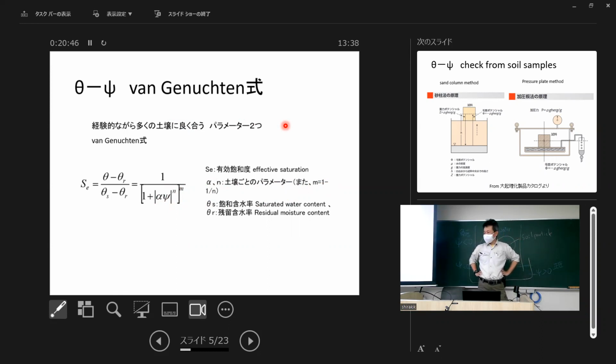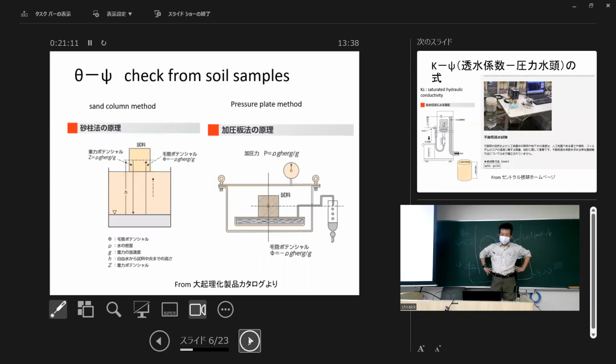For example, Morisada-kun showed us that HYDRUS is a very famous simulation model, and HYDRUS also uses this Van Genuchten equation. Since it has only two parameters, it is convenient to use.